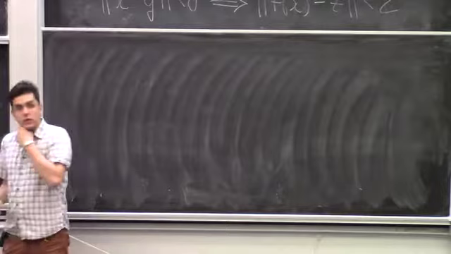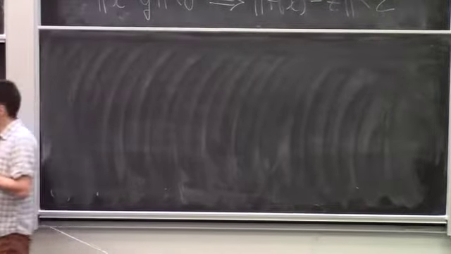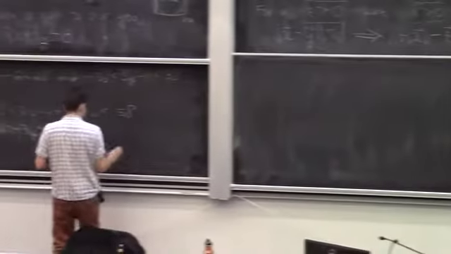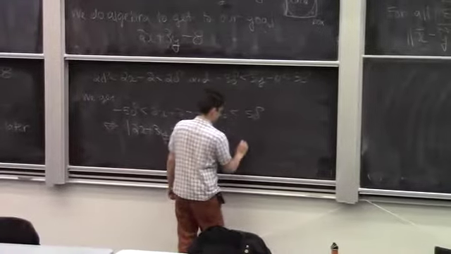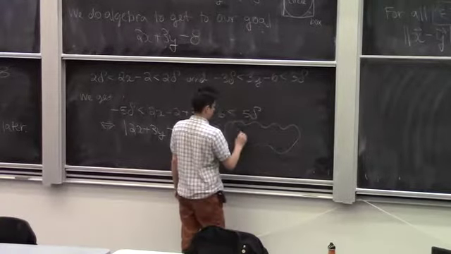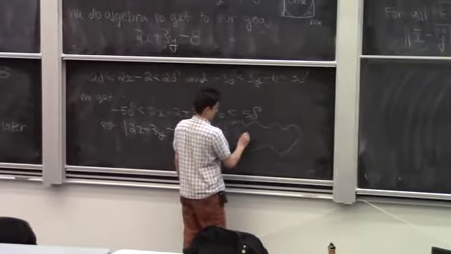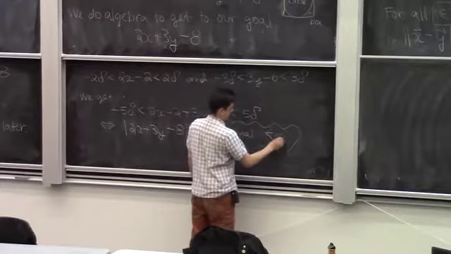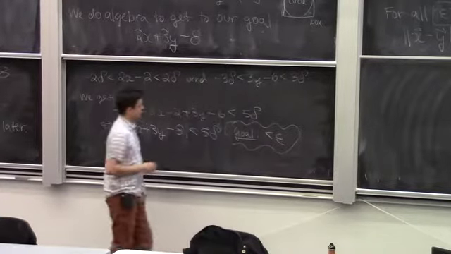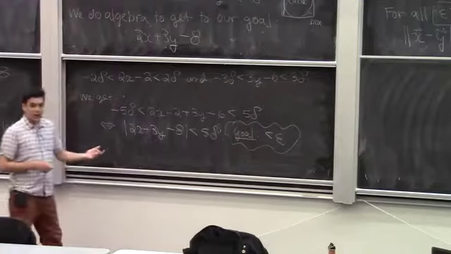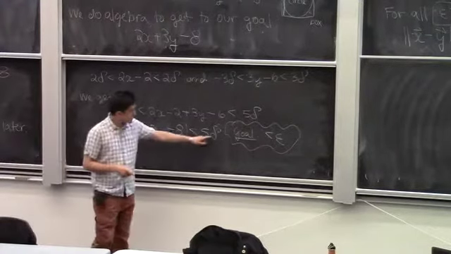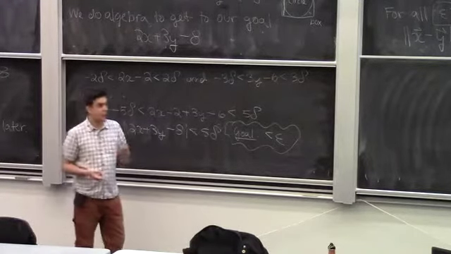Okay. So our final goal is to get that this is less than epsilon. Right? So what we should pick is we should pick delta to be less than epsilon over 5 again. Okay?